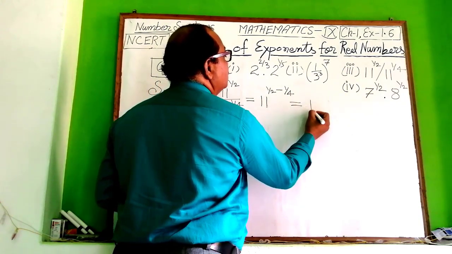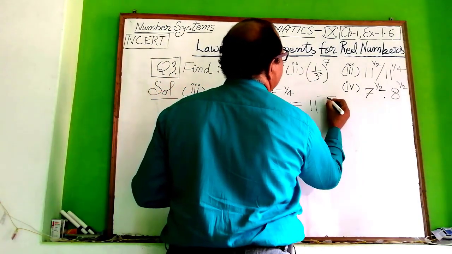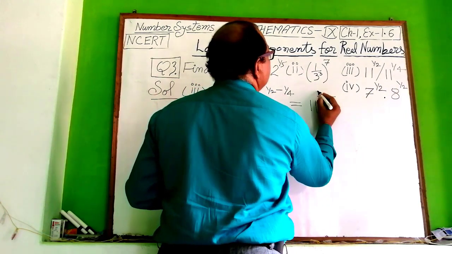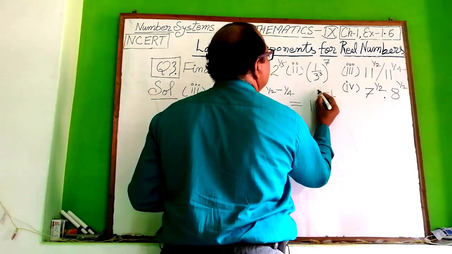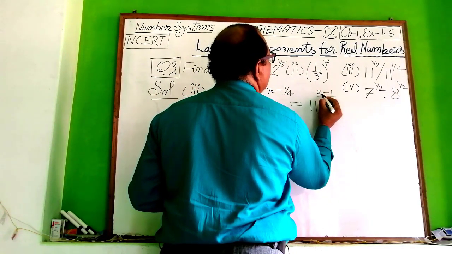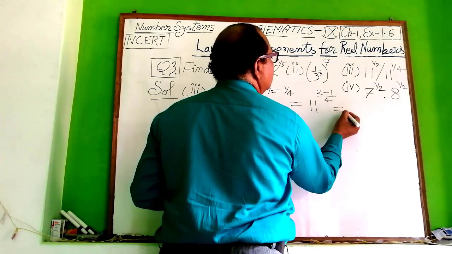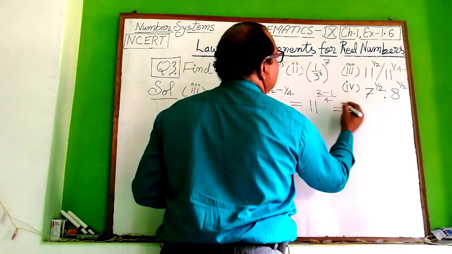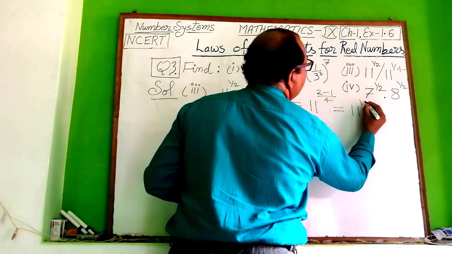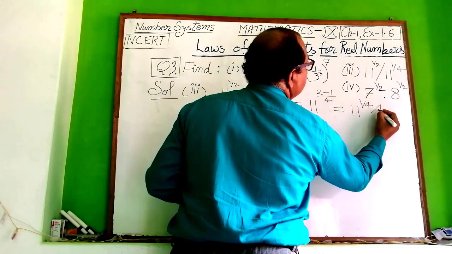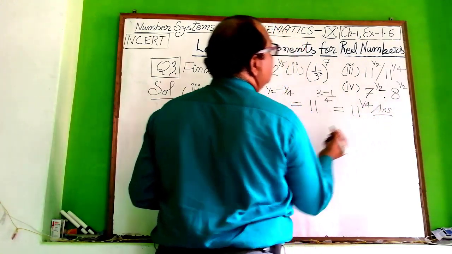So 11, take LCM, it is 4, so you can see 2 minus 1. Now we can write 11 here, 1 upon 4. This is the answer of the third part.